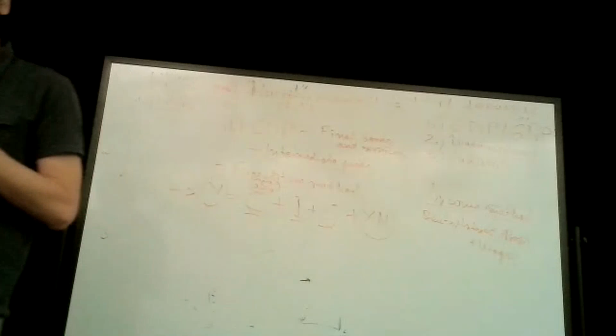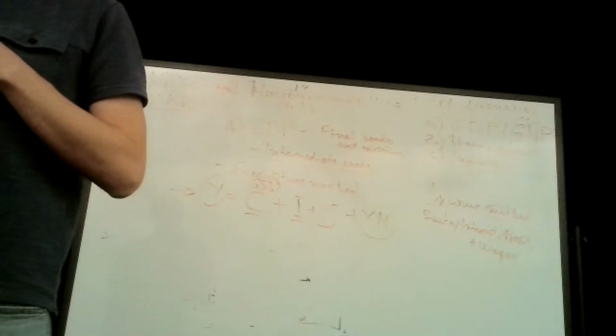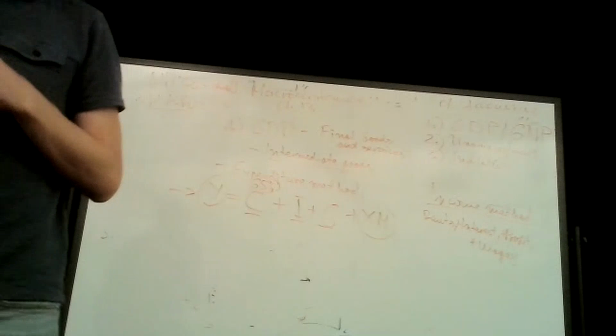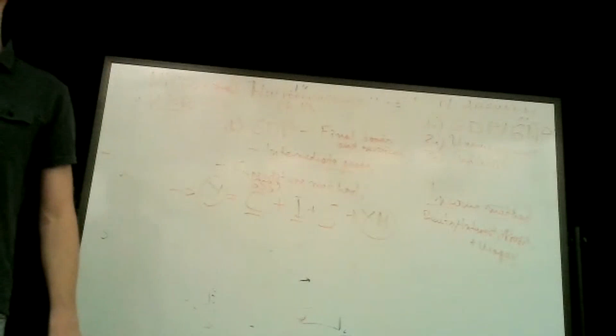What do you think? Why do we exclude intermediate expenditure from our calculation? Here, all these forms of spending are just spending on final goods and services.